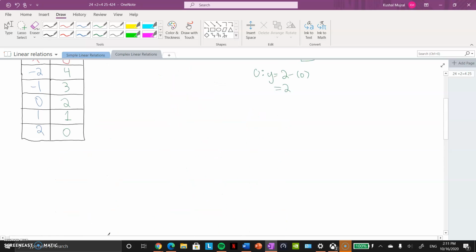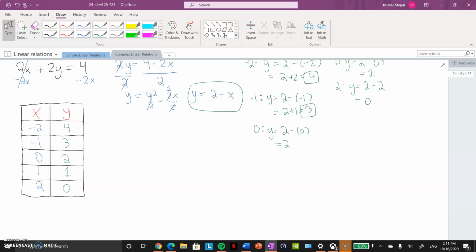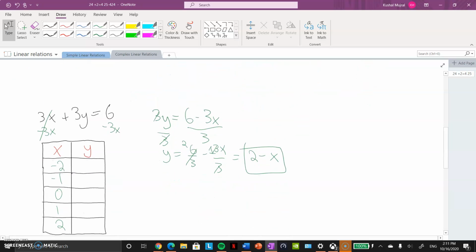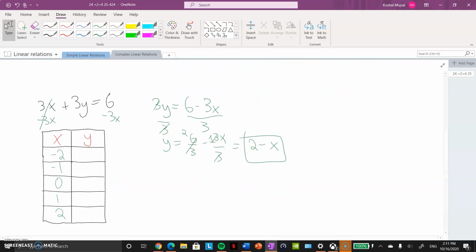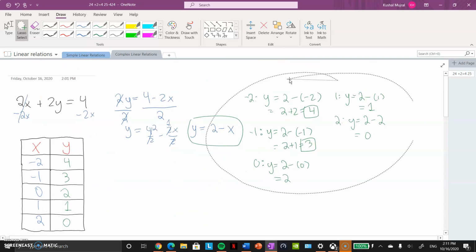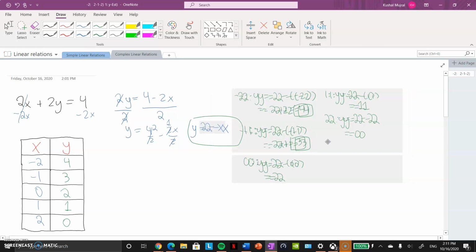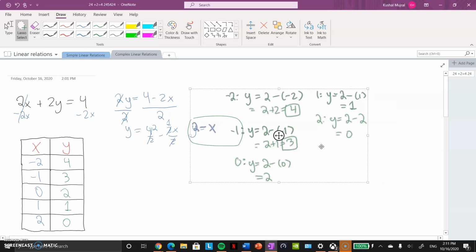All you'll really have to do in a question like this, this is just a coincidence that these two are the same, but I still want to see all the work. So you would do all of this work again. I'm just going to copy it because I don't feel like doing all that work again.